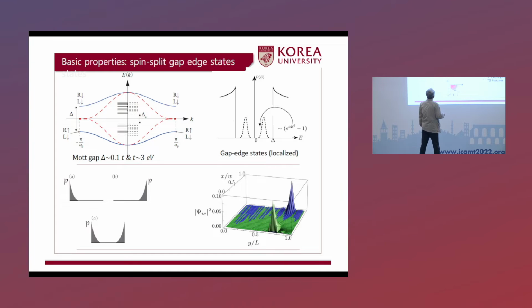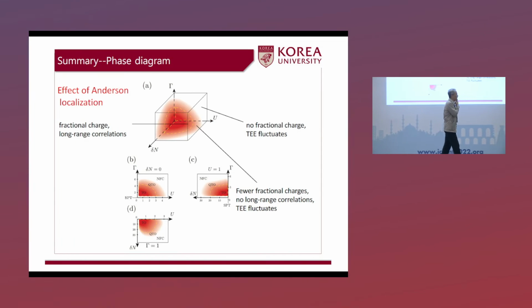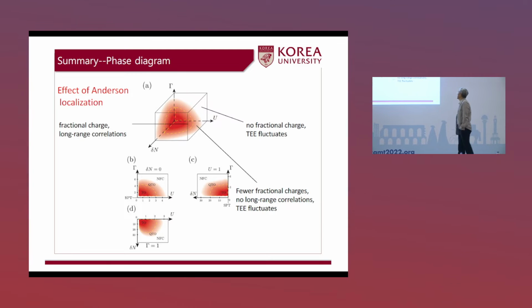This is the next important slide of my talk. Here I have drawn the phase diagram of zigzag nanoribbon. The z-axis represents disorder strength, the y-axis represents on-site repulsion, and the x-axis represents doping.